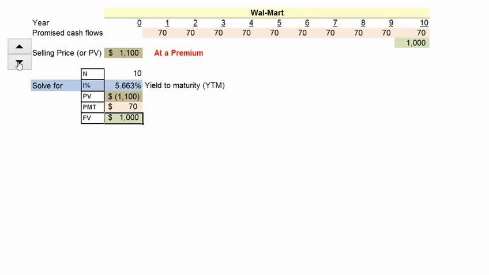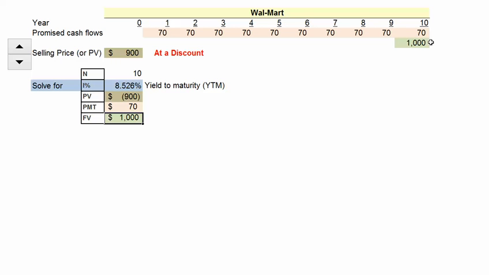Now, on the other hand, if the bond was selling at a price below $1,000, we would say it's selling at a discount. And in this case, notice the yield that we're earning is higher than the coupon rate. So as the bond price goes down, the return we earn goes up. And again, we can think about that we're paying $900 for this promised set of cash flows.